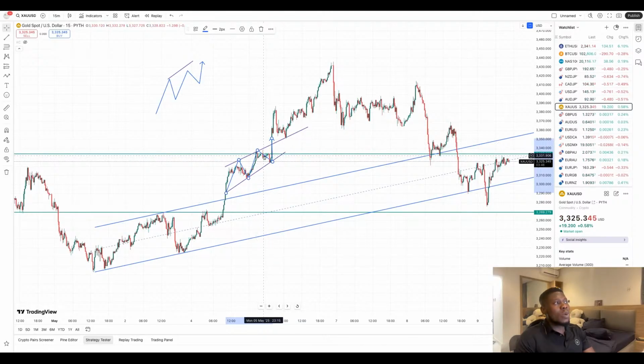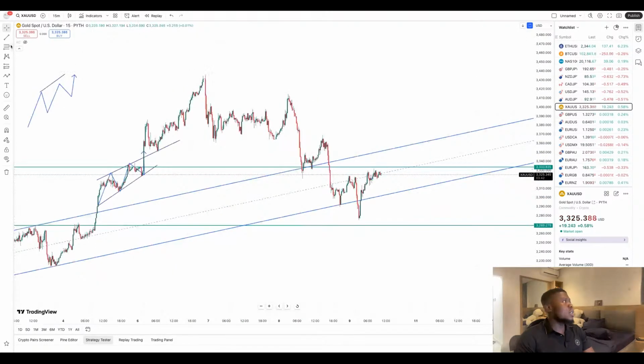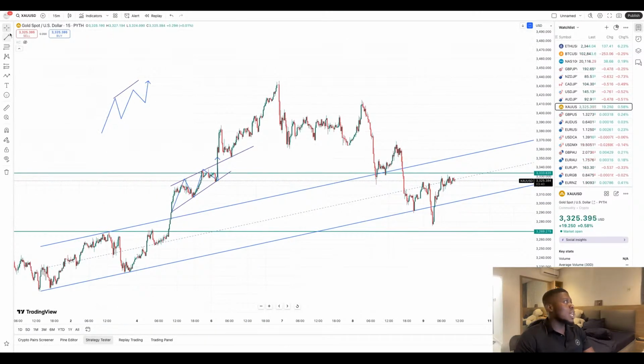So this looks like a wedge. Sometimes wedges are always confusing. This might look like a wedge, but a wedge can be a continuation pattern or a reversal pattern. So if this is a wedge, if I have this movement here, here, here, here, this is going to break out this way.